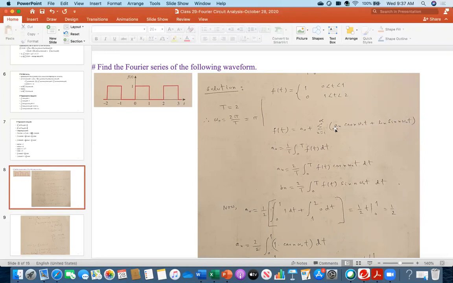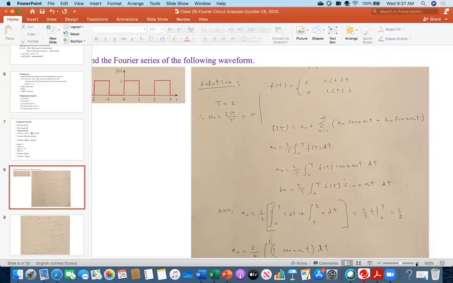You see, this is the generalized form, equation 1 that I showed before. So what is omega naught? 2 pi by T. What is my T? 2. So if I put that, the 2 cancels, and omega naught is pi. And then I am done.